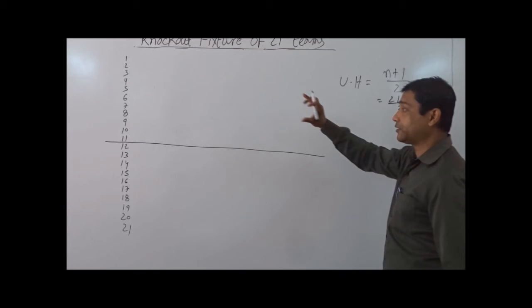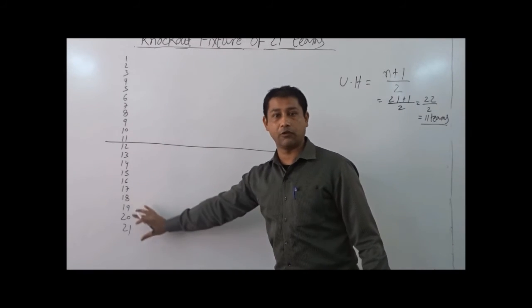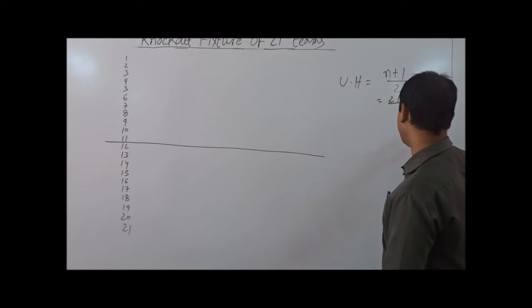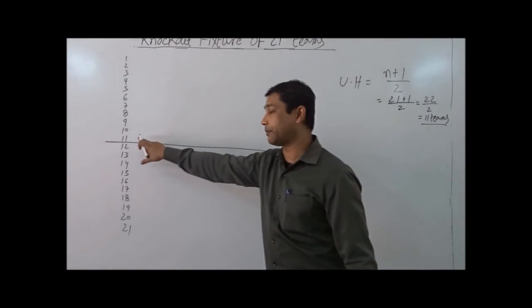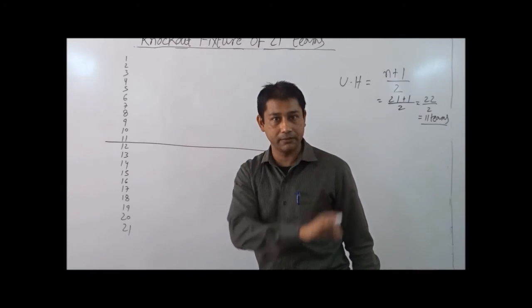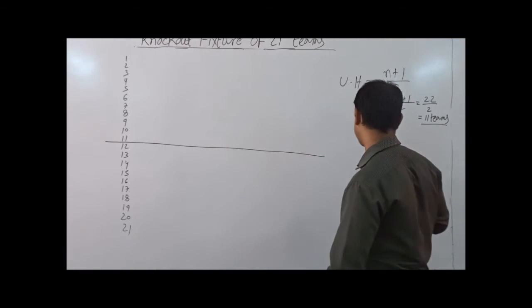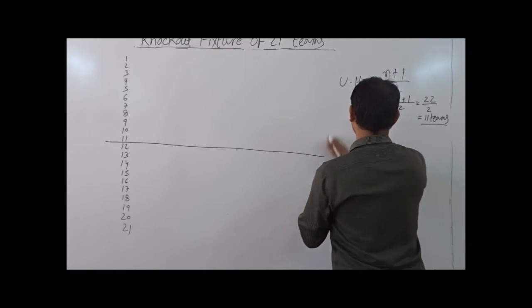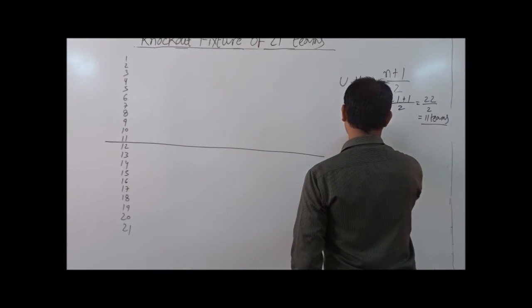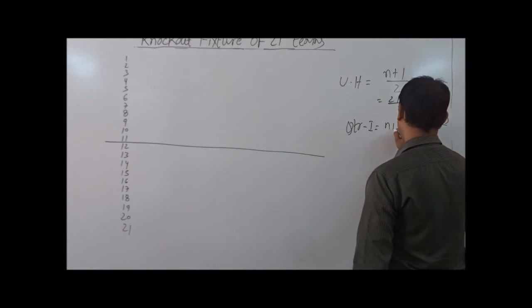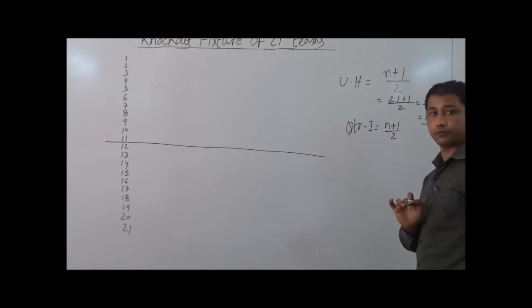So, we need to divide upper half into 2 and lower half into 2. So, to divide upper half into 2, we need to see how many teams are there in upper half. 11 teams are there in upper half. Again, 11 is an odd number. Same formula applies. So, for quarter 1, formula would be n plus 1 upon 2.